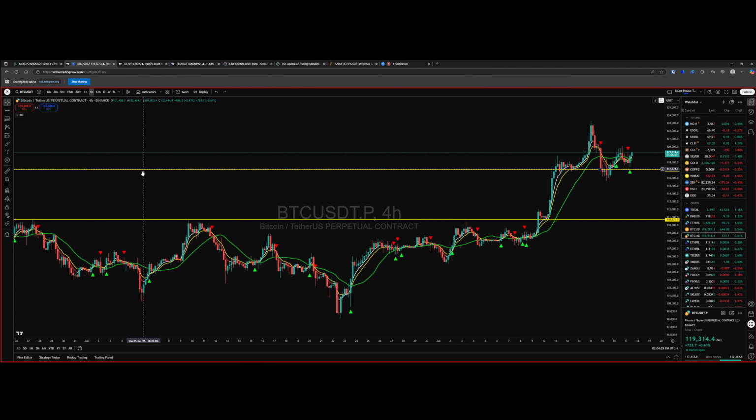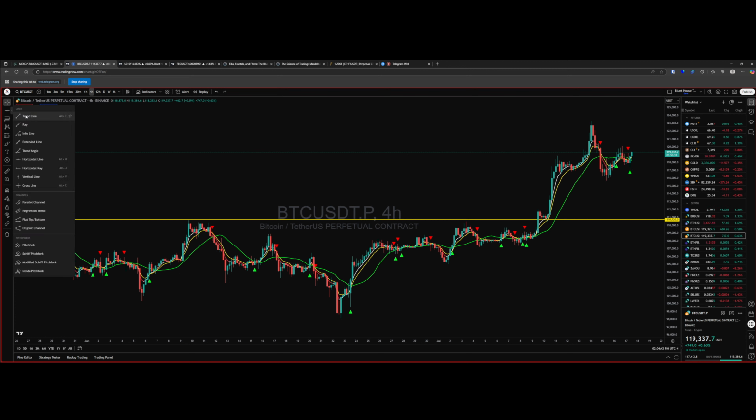So what you're doing, take this off. Along the left-hand side of your chart, your second little box there allows you to add a trend line or vertical lines, horizontal lines, all that kind of stuff.